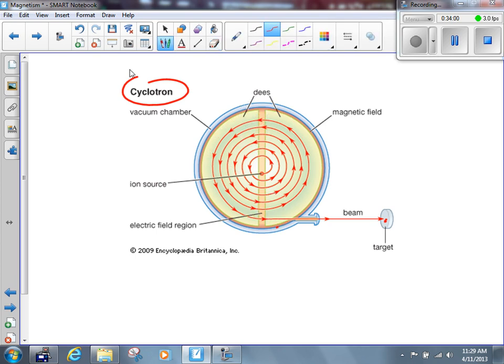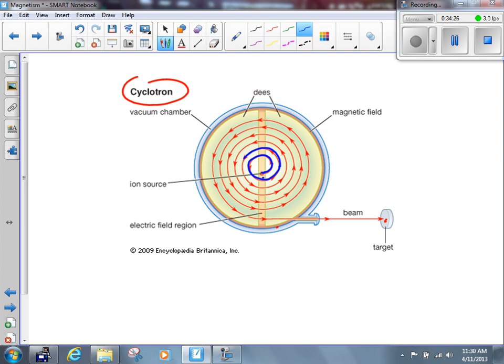As the charged particle goes across the potential difference, it speeds up. So the charged particle speeds up here. And then it goes in a circle, and it speeds up even more here. And then it goes in a circle, and it speeds up even more here. And then it keeps speeding up every time it goes around there. The way that we keep it going across this gap repeatedly is causing it to go in a circle.